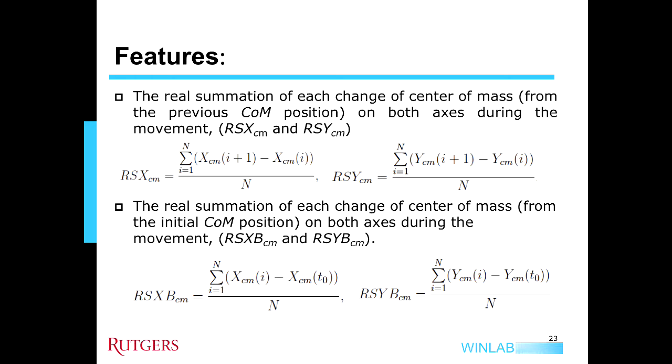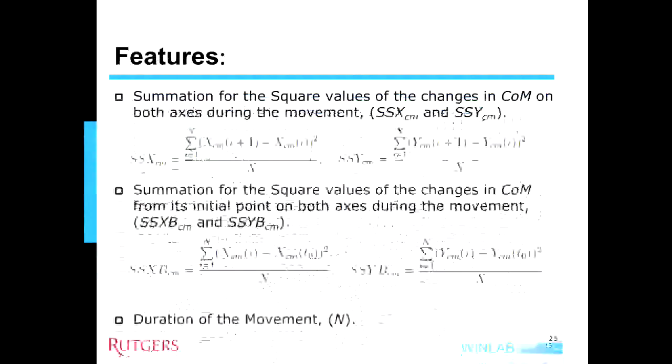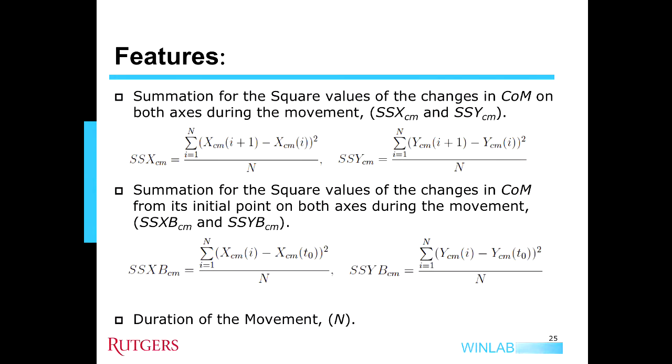So we have the body during the movement, the body center of mass in this location. We measure the difference, the real, the square, and the absolute from the previous location, and so on during the movement. According to that, we have a different set of features, all of them connected somehow, absolute, the square, to end up with the 24 features.